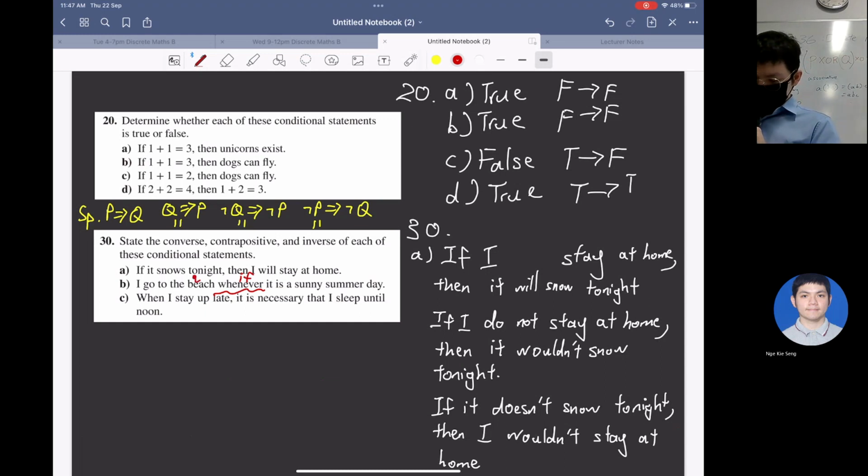So it's Q if P. So the converse is: it is a sunny summer day, just put SS day, whenever I go to the beach. Next.